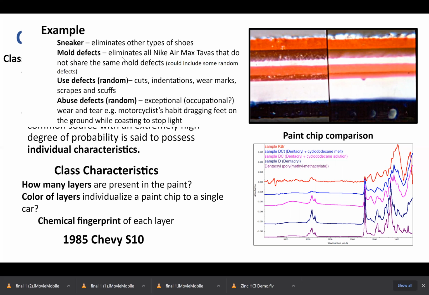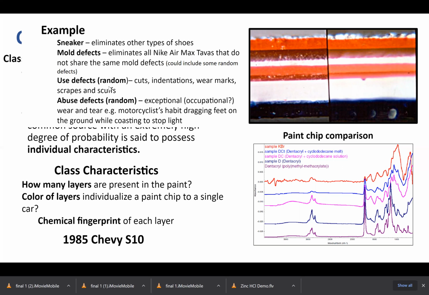Then you have defects in the mold, so it eliminates all Air Max Tavas that do not share the same mold defect. When they're making the sole of the sneaker, there might be a slight defect that could narrow down that type of shoe even more.